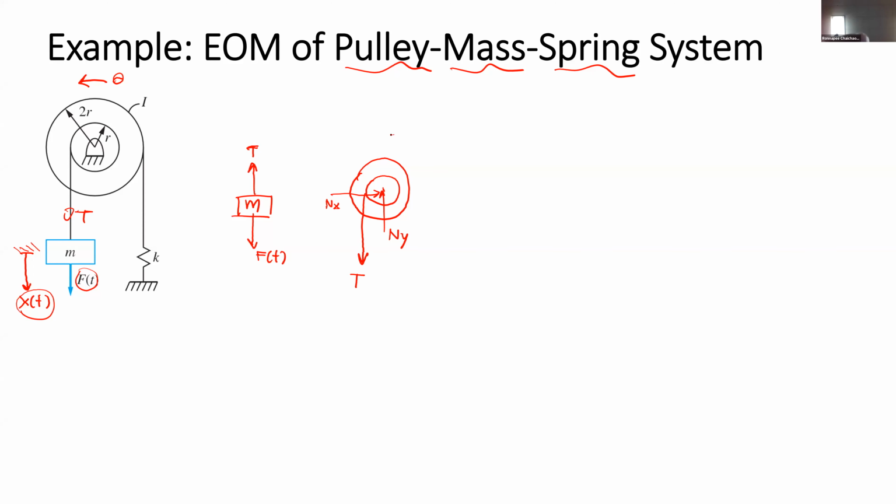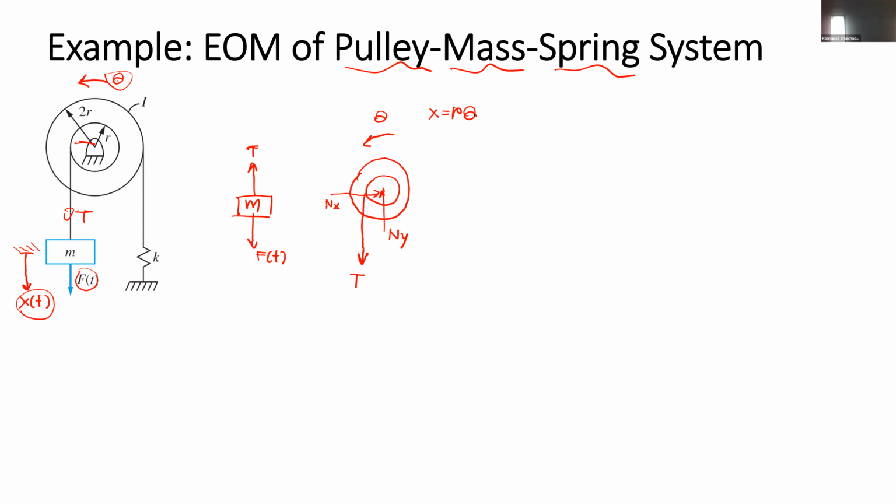If the pulley rotates counterclockwise with the angle theta, the geometric relationship between theta and x is related by the radius r. So x equals r theta.